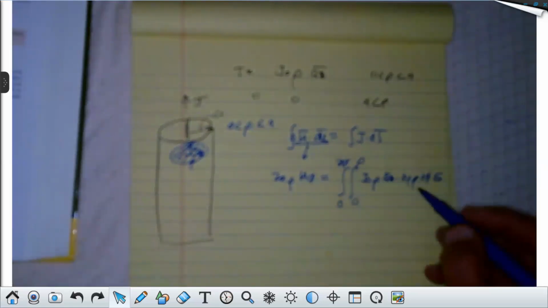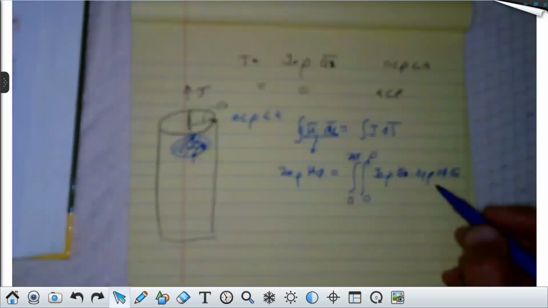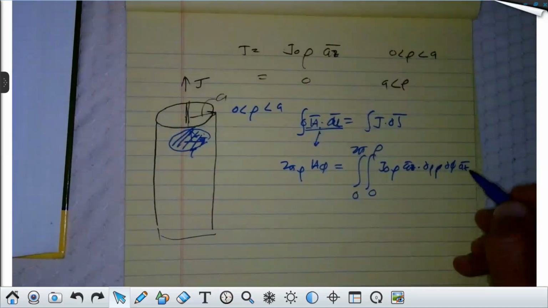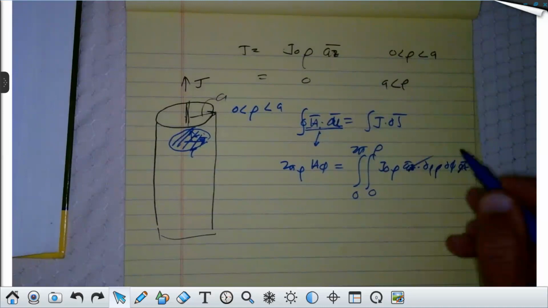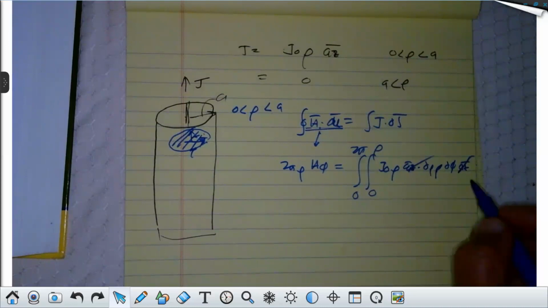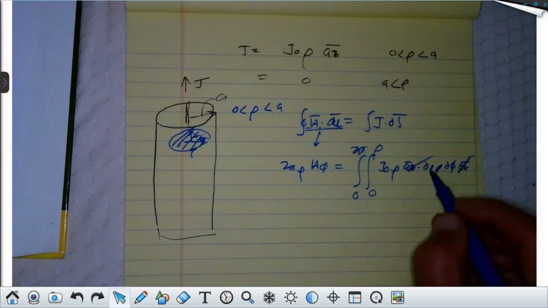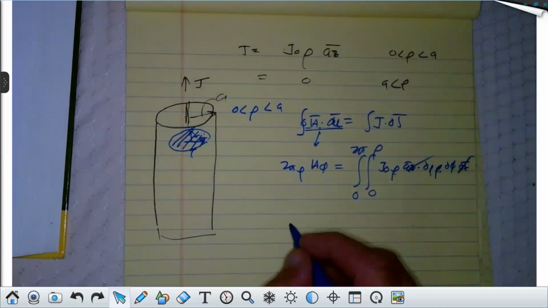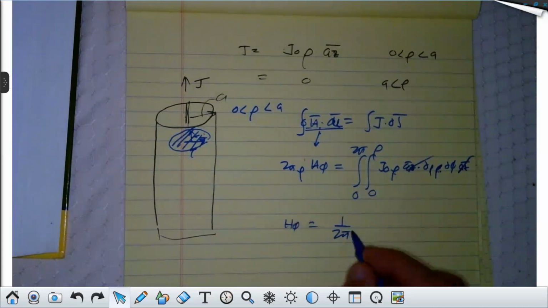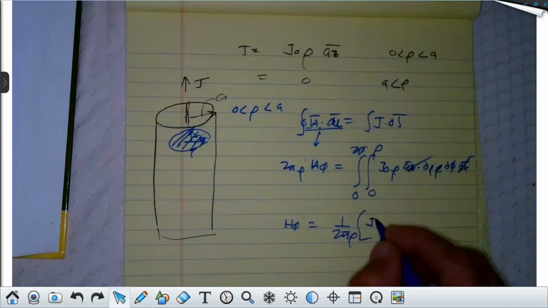I don't really need to spend this much time, but az dot az is 1, correct? And then when we do the integration, notice you have rho times rho, or rho squared d rho. H phi is equal to 1 over 2 pi, and I'm going to put J naught out in front.